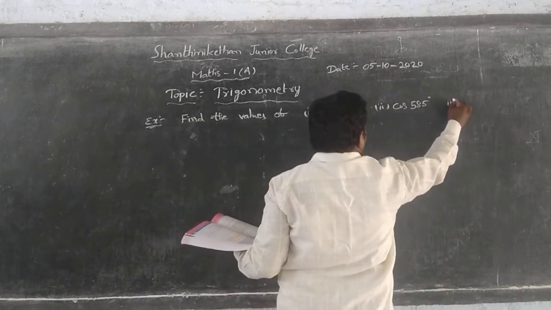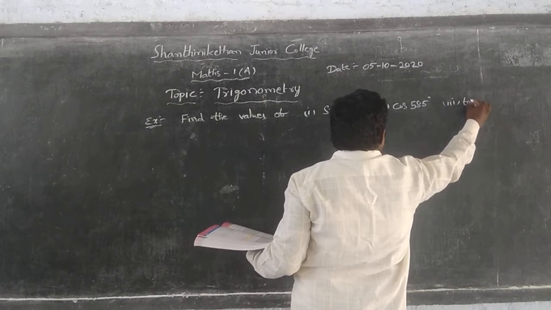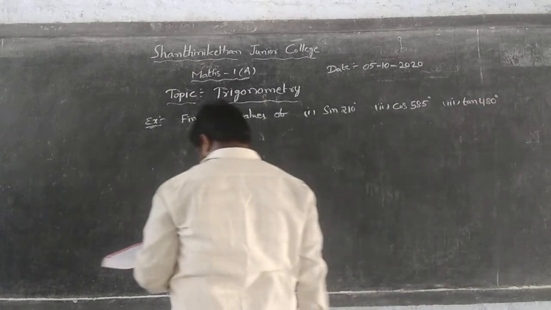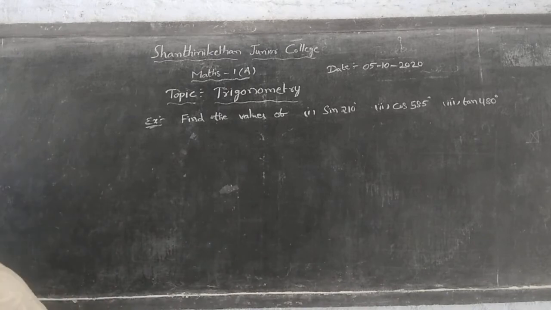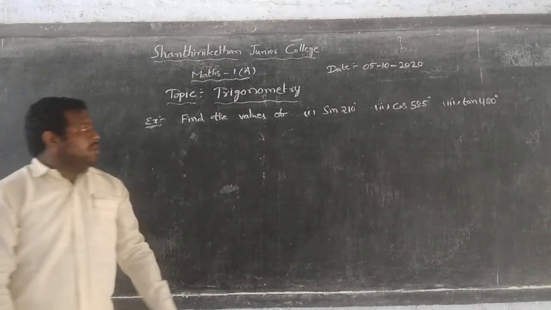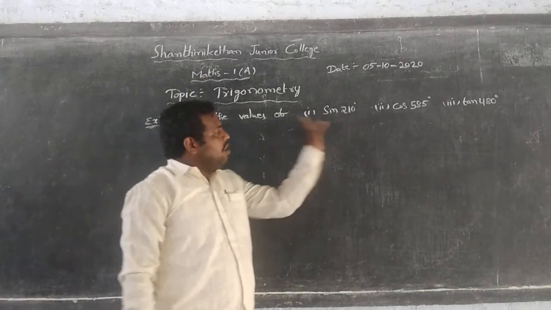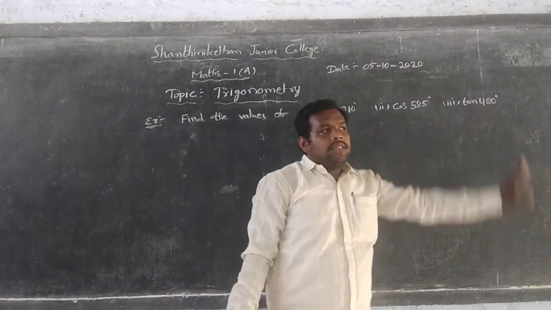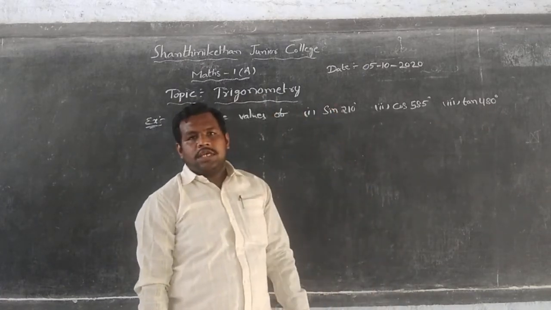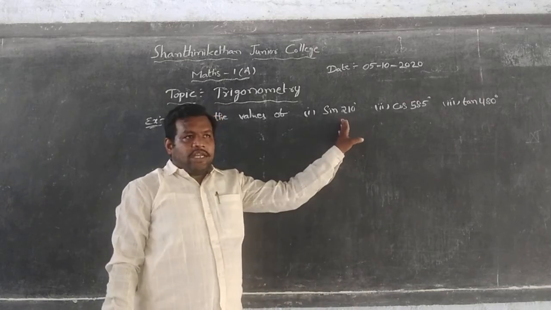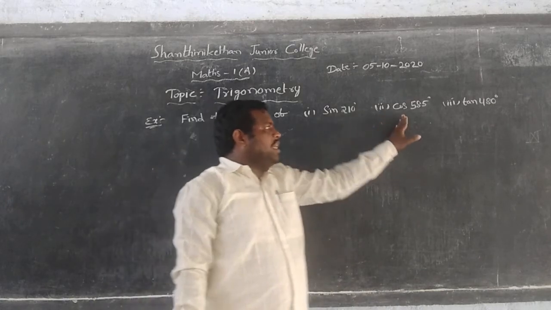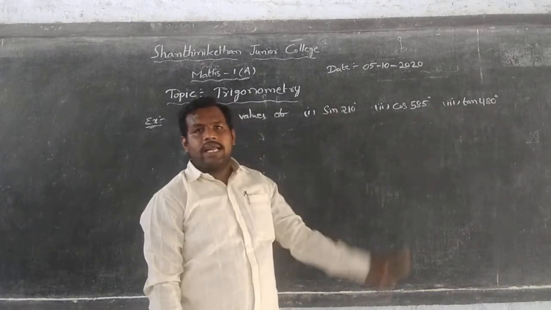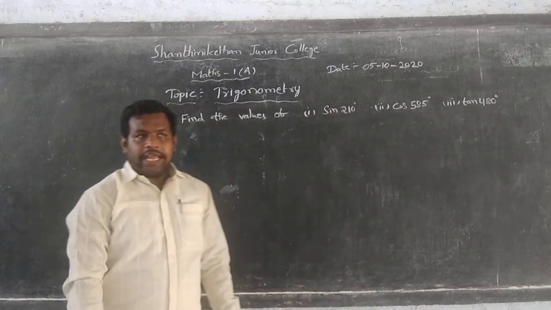Third one, tan 480 degrees. We don't know the values of 210 degrees, 585 degrees and 480 degrees. We know the values of only quadrant angles, meaning 0 to 90.